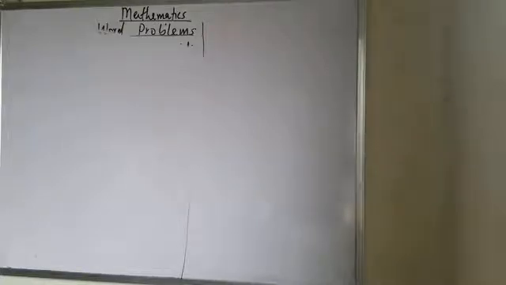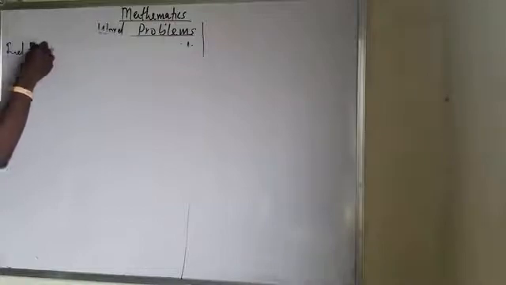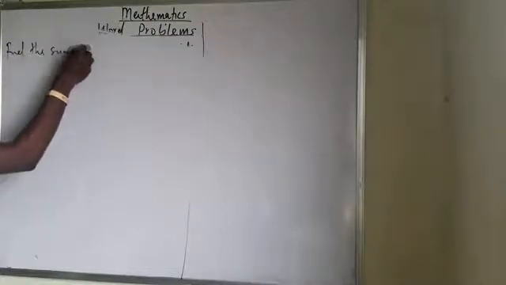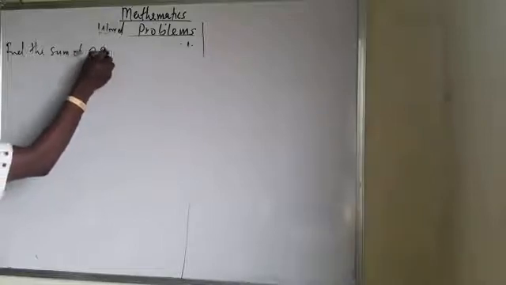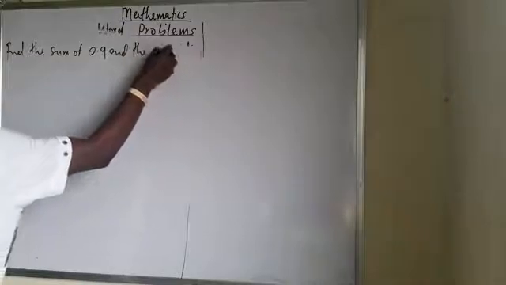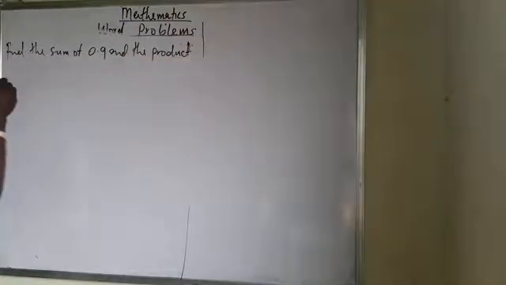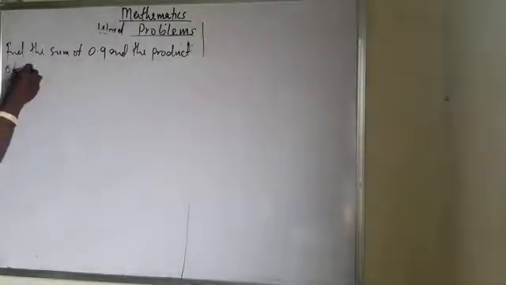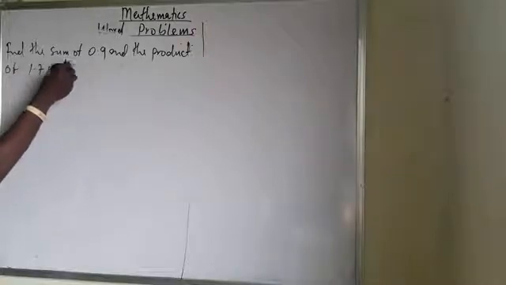Okay, let me also move on to another problem. Find the sum of 0.9 and the product of 1.7 and 3.